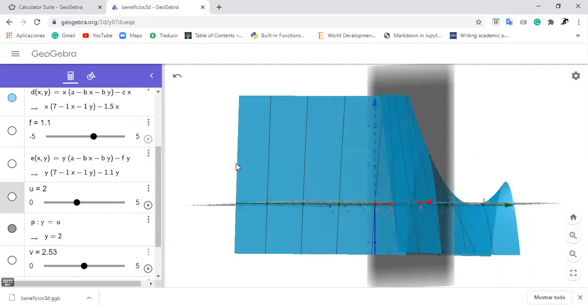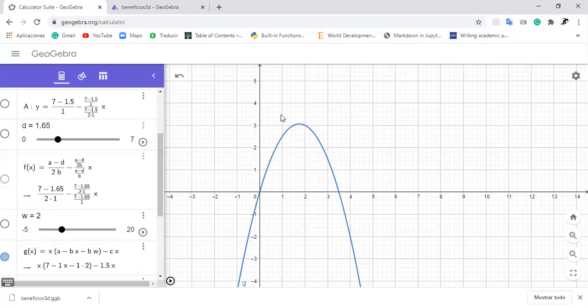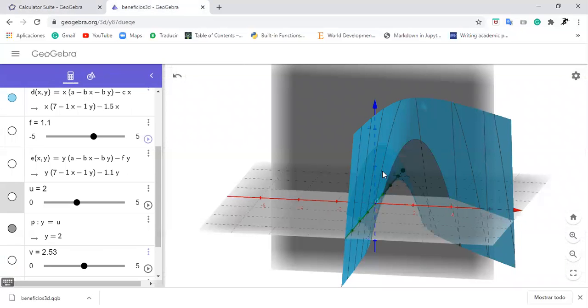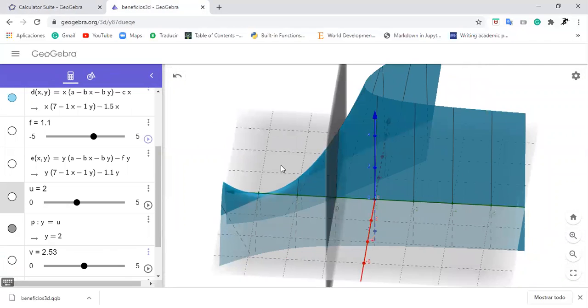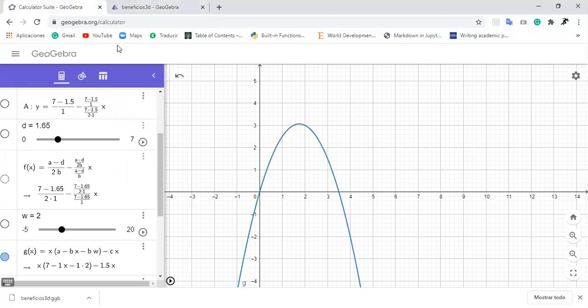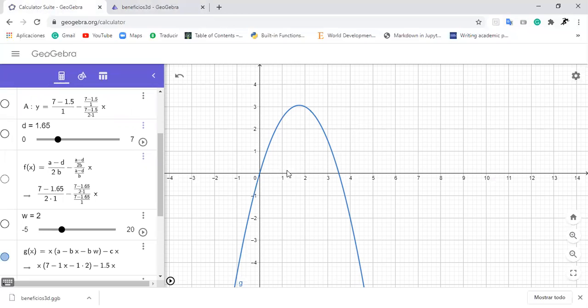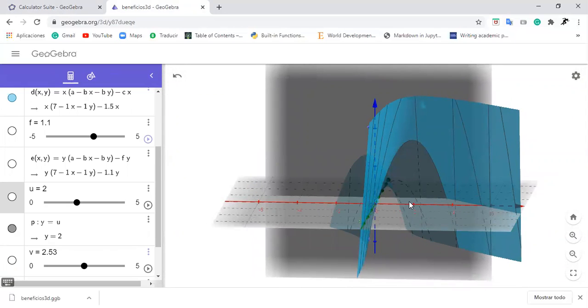So we have the same parabola, right? This parabola is nothing else than this parabola, okay? So we are sliding this axis at number 2, and we have this parabola. This parabola is going to be maximized at something less than 2, which is confirmed by this graph.